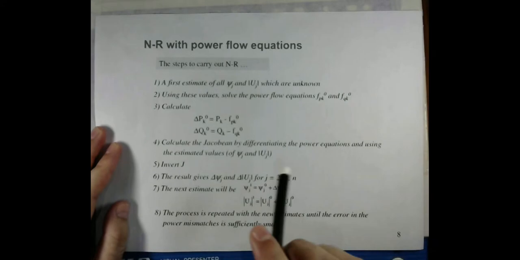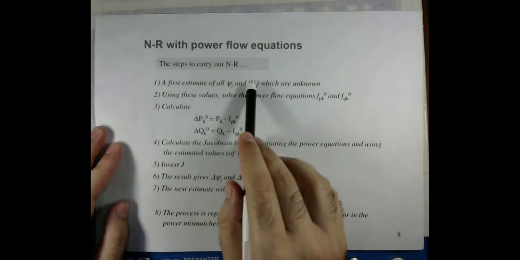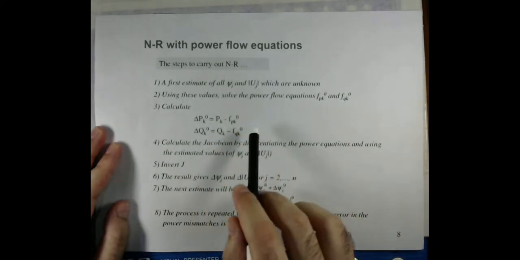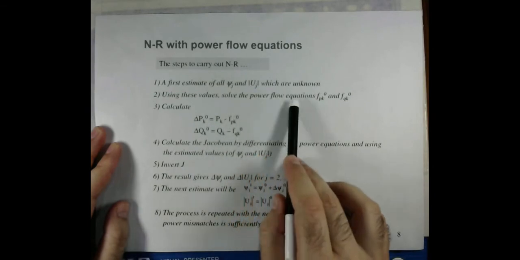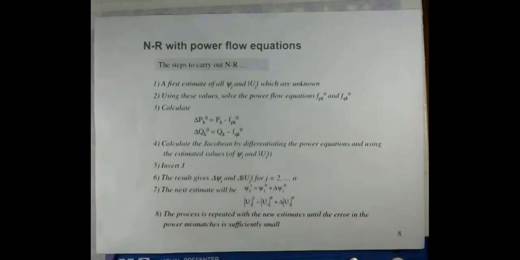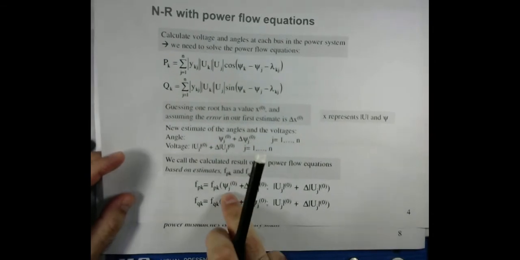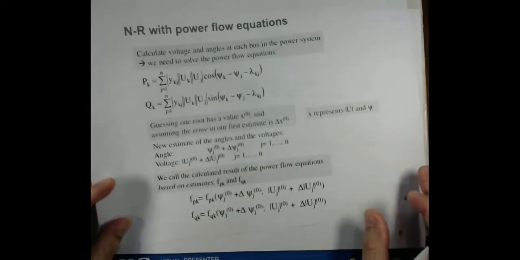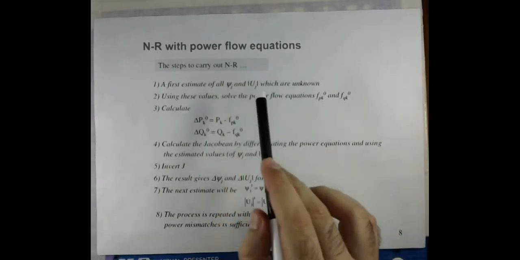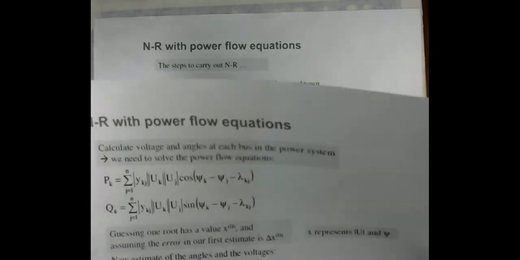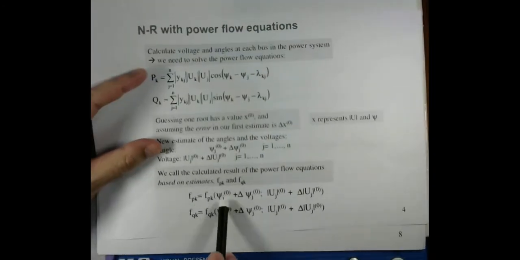And afterwards in this method we solve the power flow equations based on the estimates. So we make an initial guess, and then the second step is to solve these power flow equations based on those estimates, and we know the general form of the power flow equations.